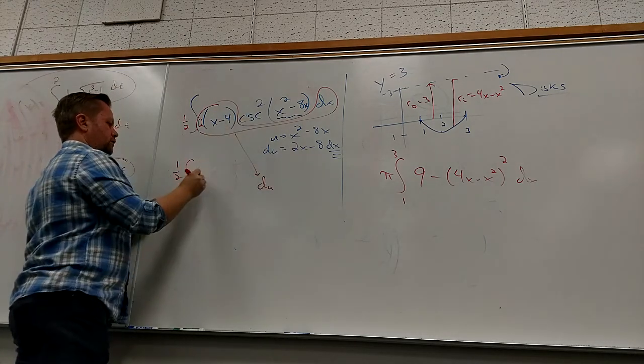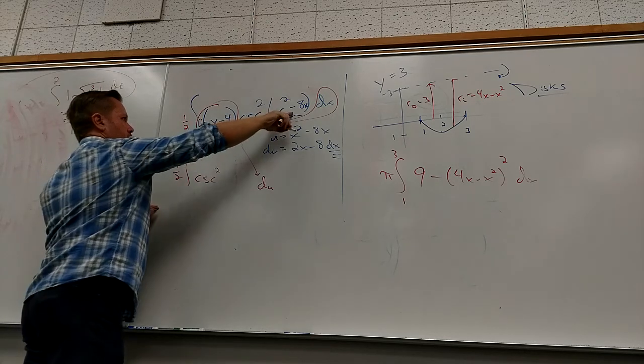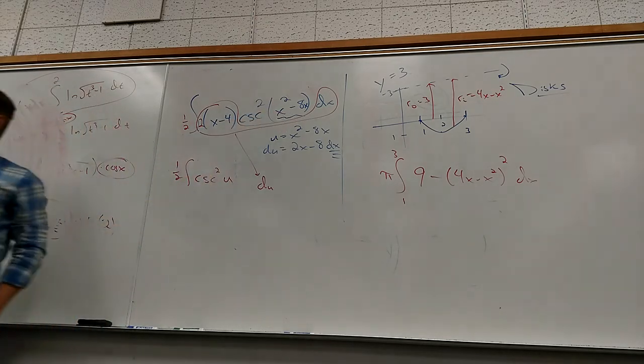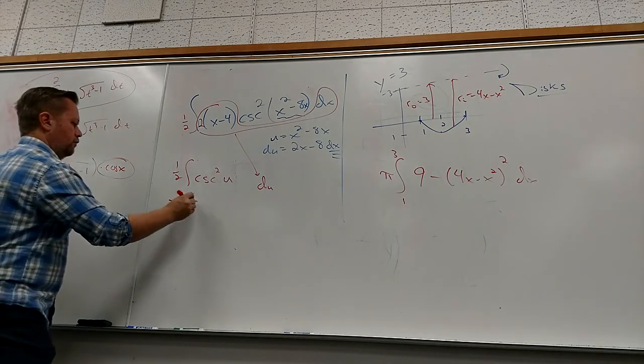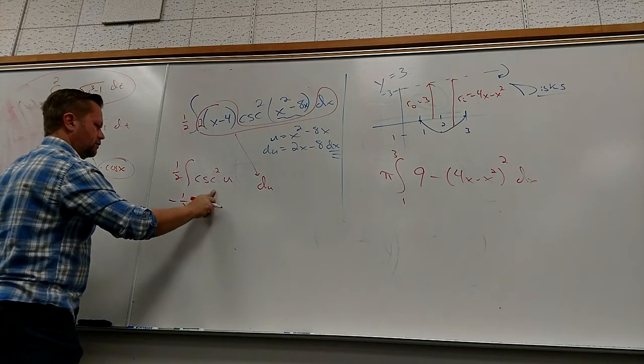And then this is cosecant squared of u, yeah. And what's the integral of cosecant squared? Negative. So I mean negative 1/2 cotangent squared. No, not cotangent squared.